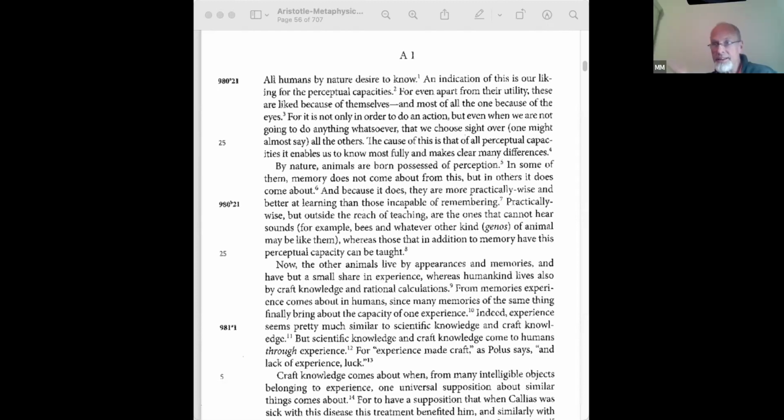I see Peter, and then we'll go to Greg and Sandy. I think craft knowledge is a step above experience, because it has the universal, it has the why, as it were. It has an account of things, which takes it up a level. He also goes through a lot of that in the Posterior Analytics, and I think we also see it further on in the Metaphysics here too.